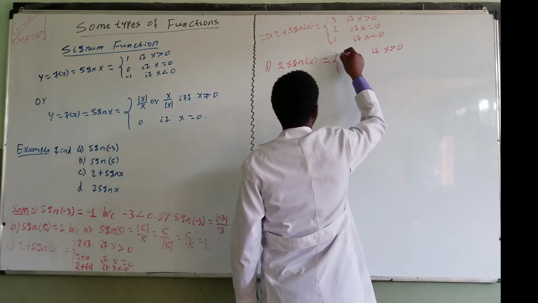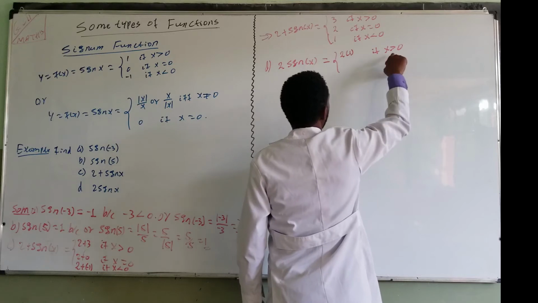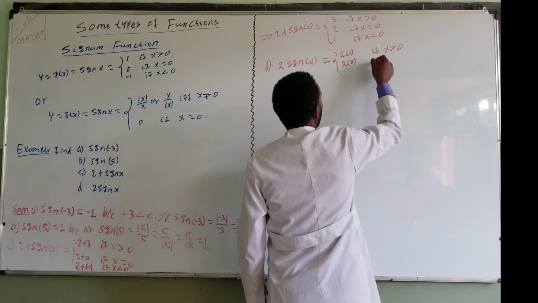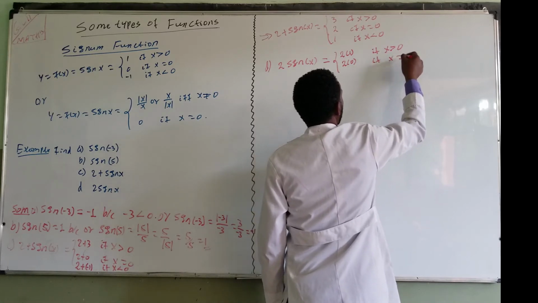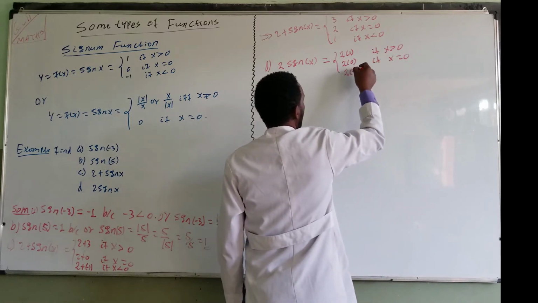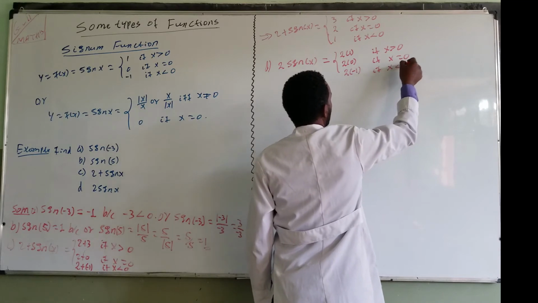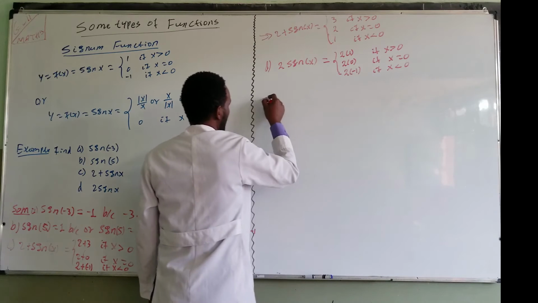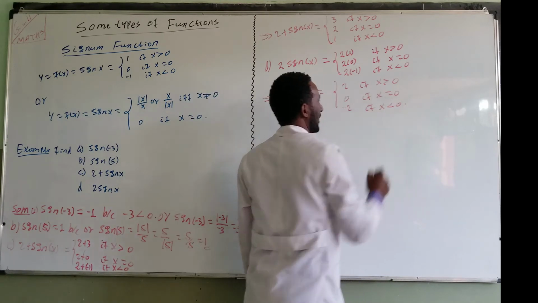Therefore, we have 2 times 1 if x is greater than 0, and 2 times 0 if x is equal to 0, and 2 times negative 1 if x is less than 0.